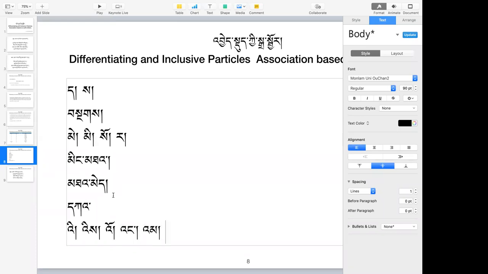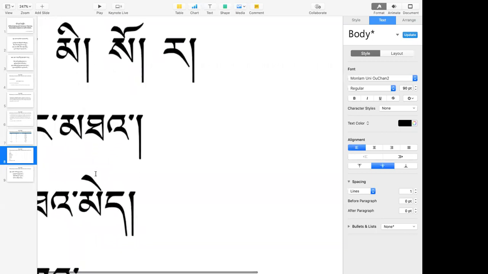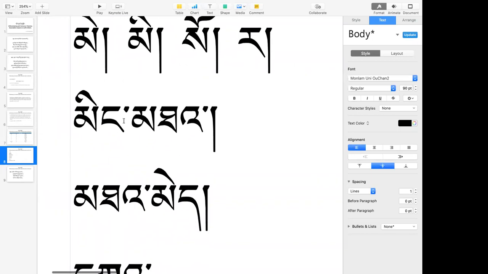All of these particles, yi, ho, hung, hum, when they are associated with a name, you don't have to use the punctuation that you see here when you associate the name and the particle.